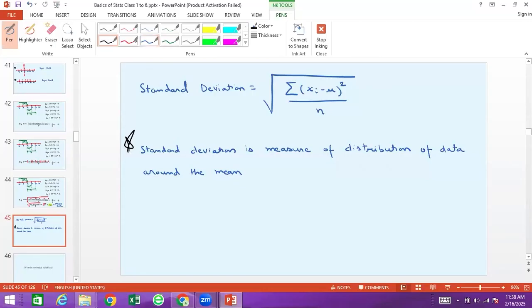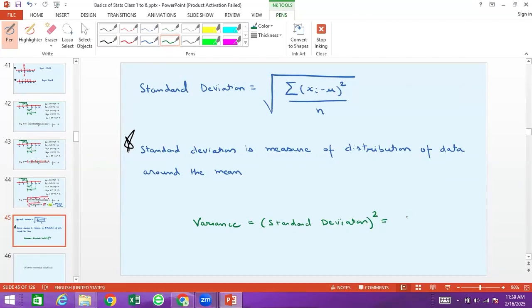Okay, because we are anyway on this topic, let me introduce you to one more term, variance. Variance is nothing but square of standard deviation. Sometimes people use the term variance.